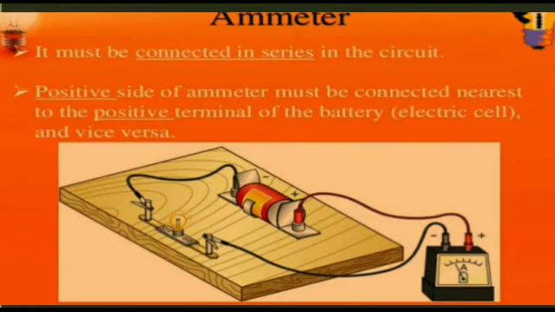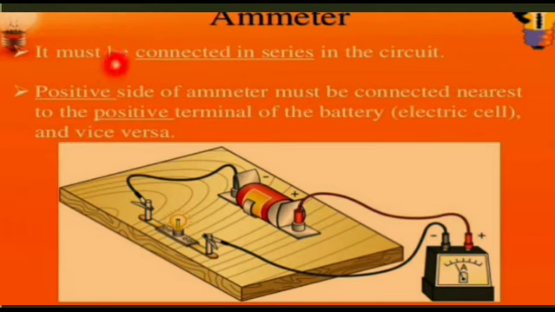First one is the ammeter. In a circuit, please remember the ammeter symbol. The ammeter measures the current flow, the amount of current. It must be connected in series in the circuit. The ammeter is always connected in series.